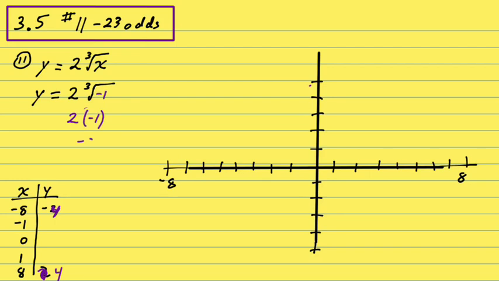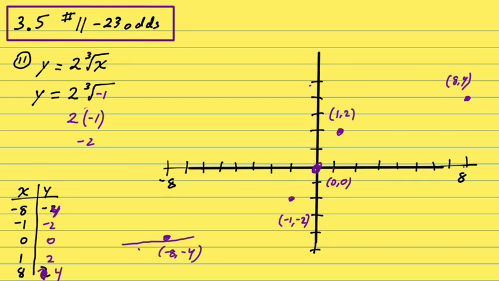So 2 times negative 1 is negative 2. If you put in a 1, you get 2. 0 gives you a 0. So it's going to go through 0, 0, 1, 2, 8, 4, negative 1, negative 2, and negative 8, negative 4.